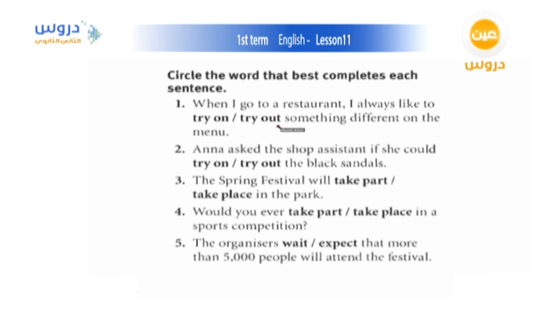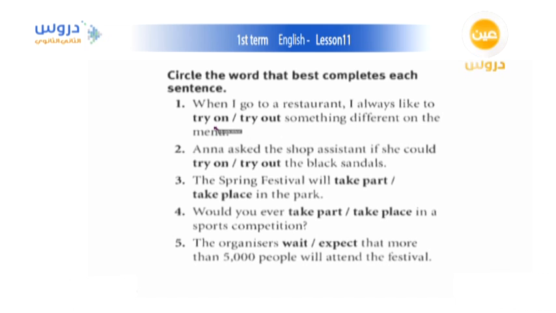Ryan says it's just try out. So when I go to the restaurant, I always like to try out something different on the menu. Why not try on? You don't know. Actually, if you look in a dictionary, you can see the meaning of the words, which is different. If you look up in a dictionary, to try out something means to taste something new, to examine, to experience something new.